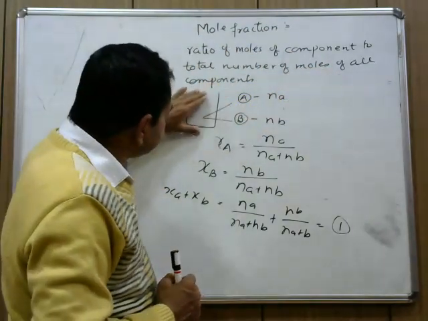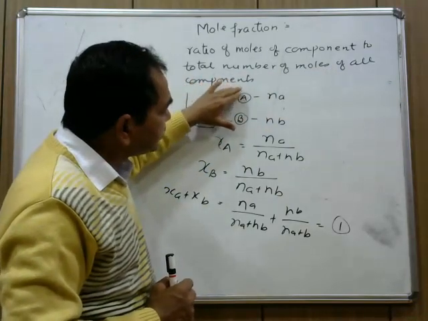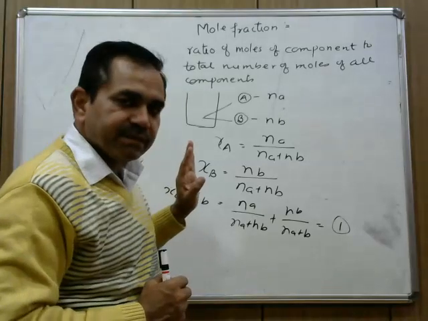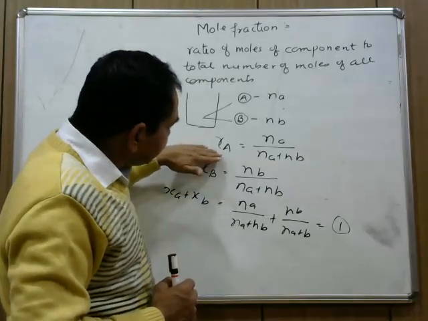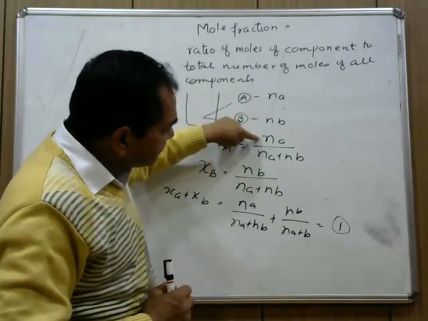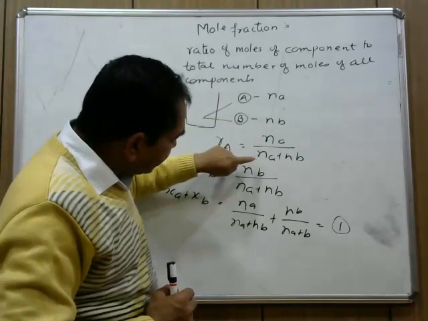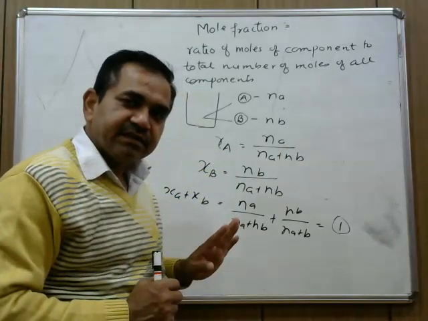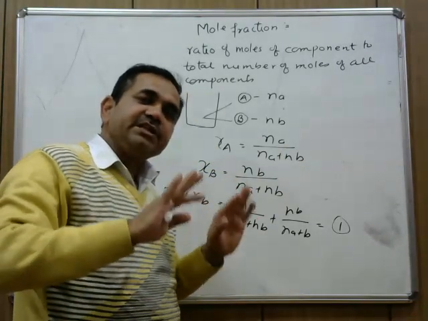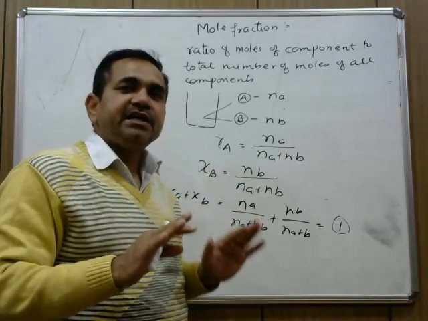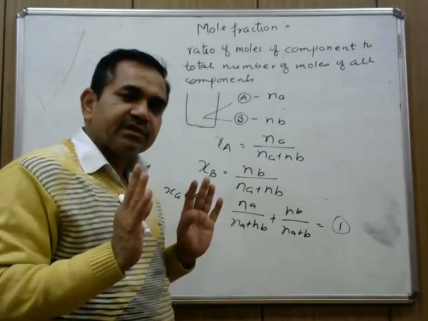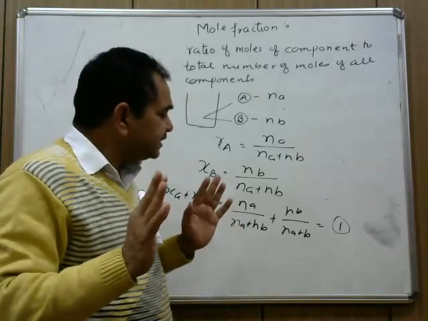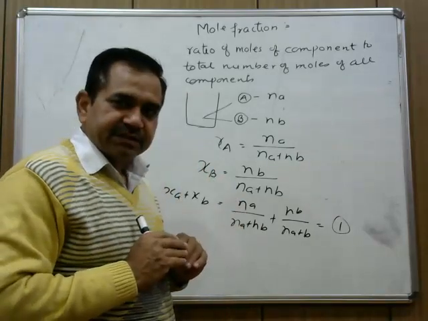For example, this solution is made by mixing two components, component A and component B. Then the mole fraction of A is given by moles of A divided by moles of A plus moles of B. And mole fraction is also a temperature independent unit. Moles don't change with the change in temperature.